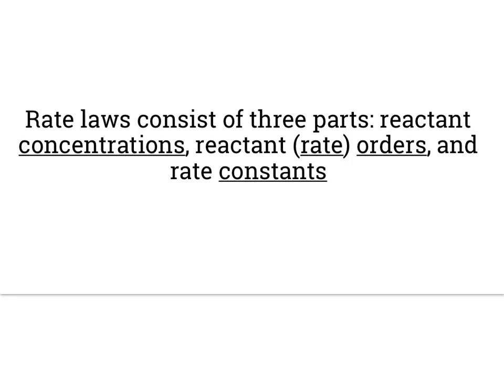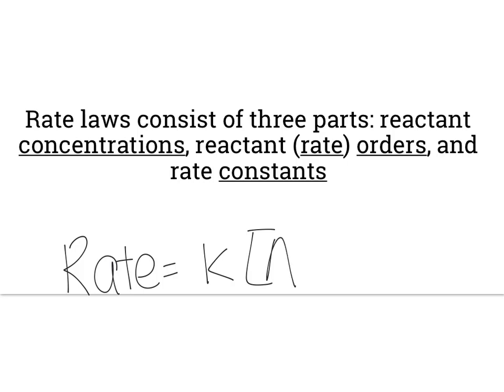Rate laws consist of 3 parts: reactant concentrations, reactant orders, sometimes just called rate orders, and rate constants. Now, before I go on much farther, let me show you what a rate law tends to look like. This is a basic rate law.